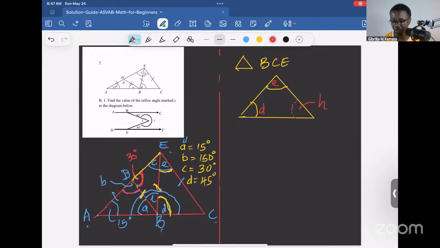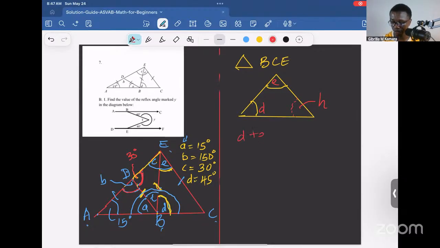So now you can say D plus E plus H equals 180 degrees. This is the sum of angles in a triangle. Okay. So the sum of angles in a triangle add up to 180 degrees, right?